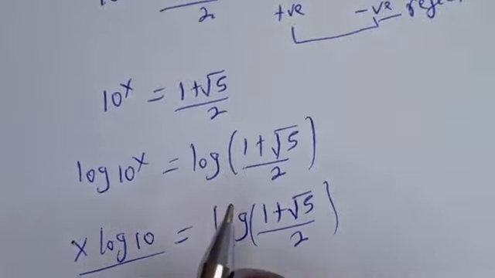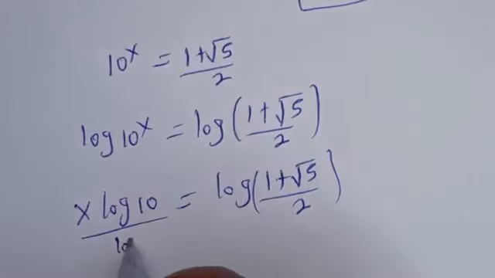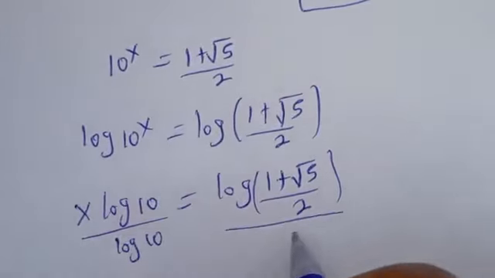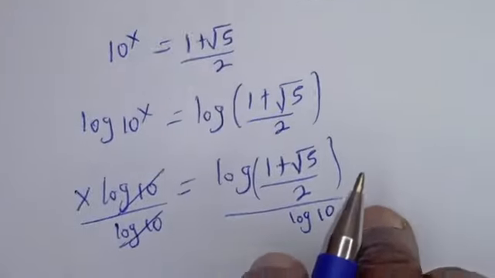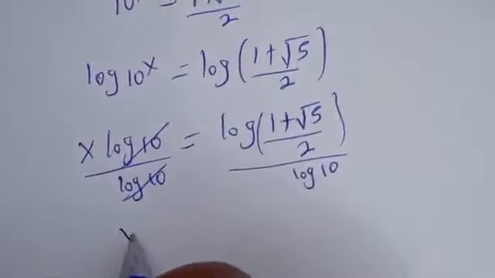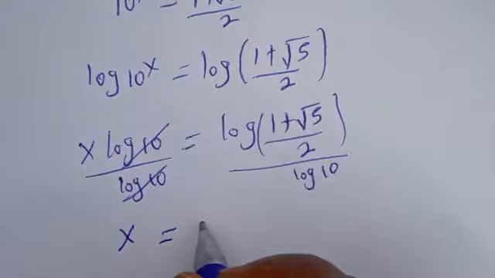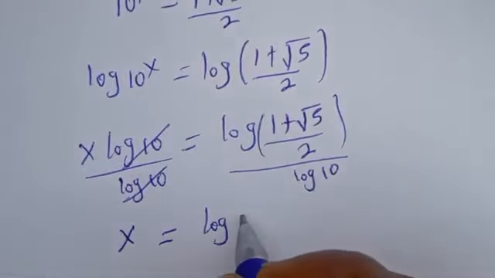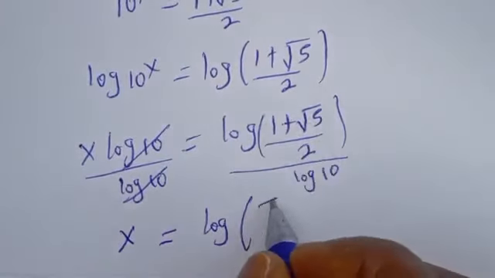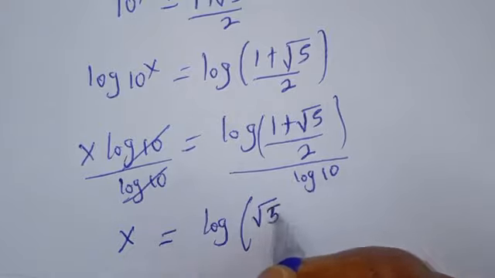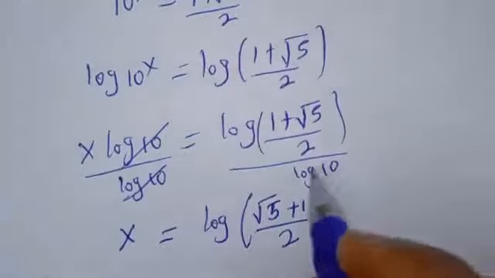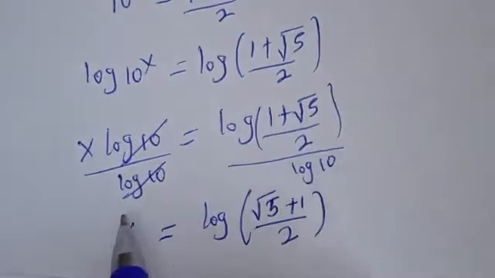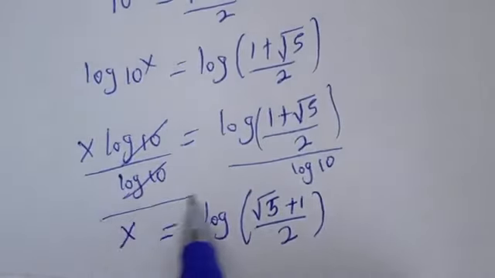Let's divide both sides by log 10. This will cancel this. S is equal to log of root 5 plus 1 over 2, because log 10 is 1. And this is the final answer.